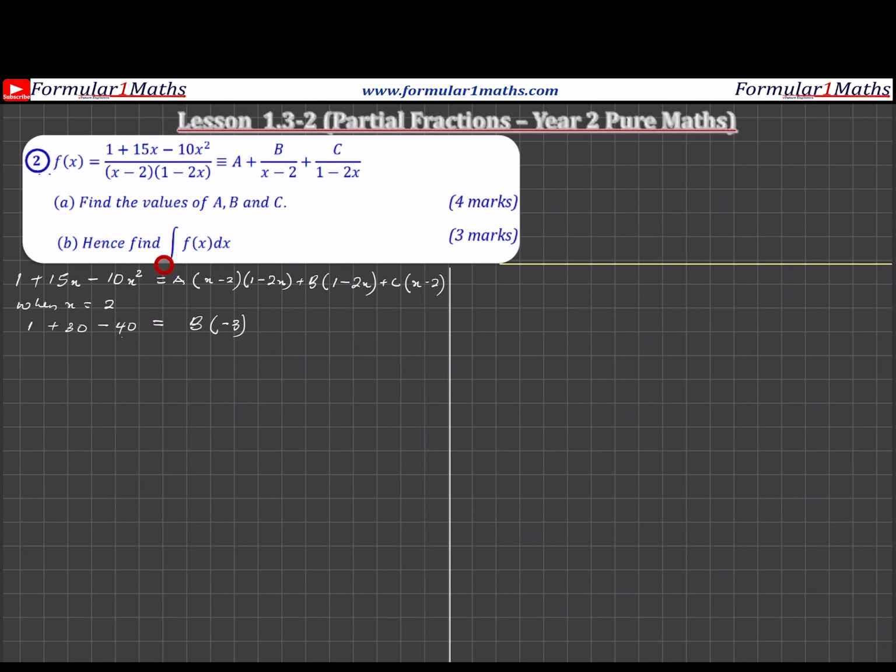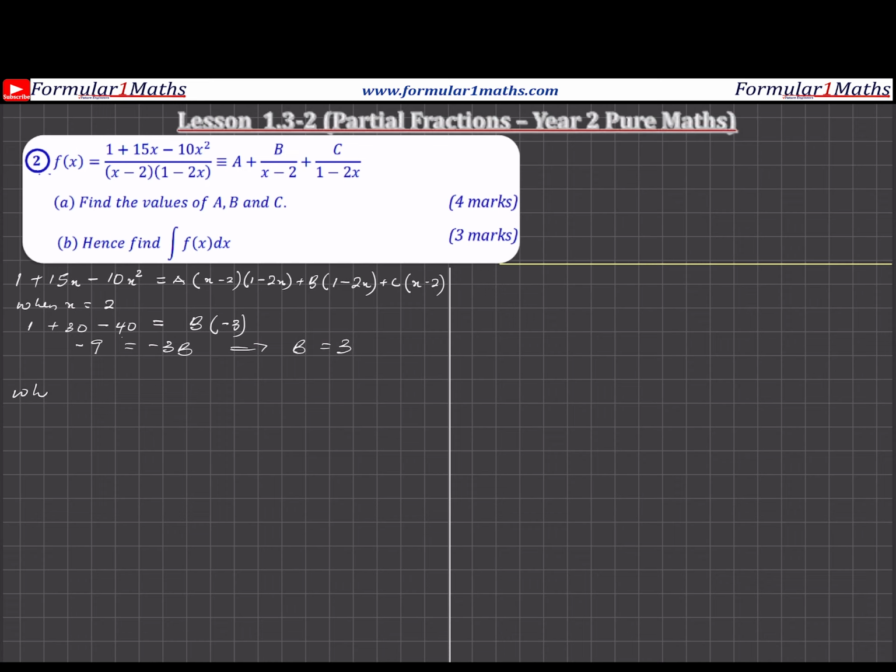Because when x is 2, the whole of this term becomes 0 because 2 minus 2 is 0. And the whole of this term becomes 0 as well. And so I'll have this left. Simplifying, we get minus 9 equals minus 3b, which implies that b is equal to 3.